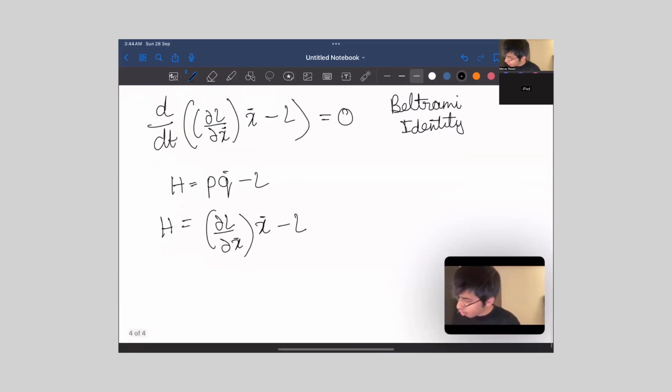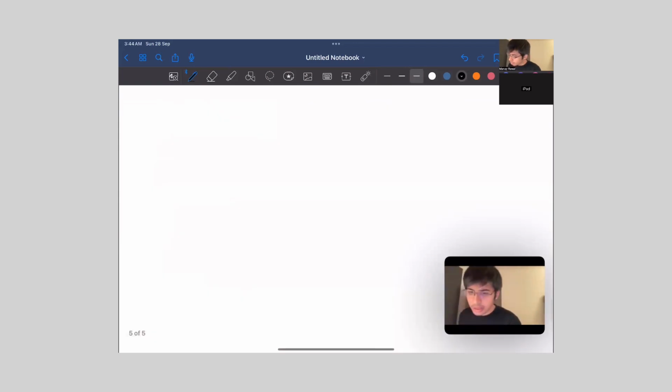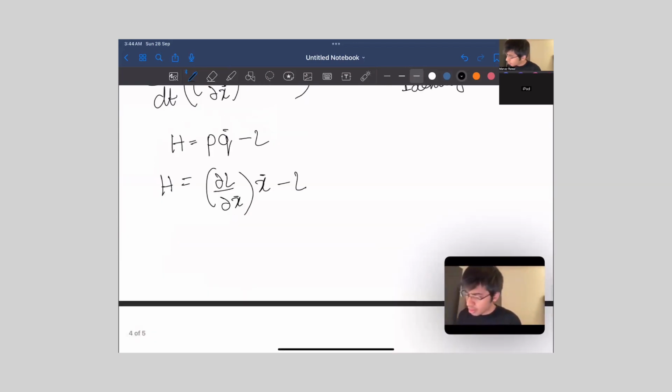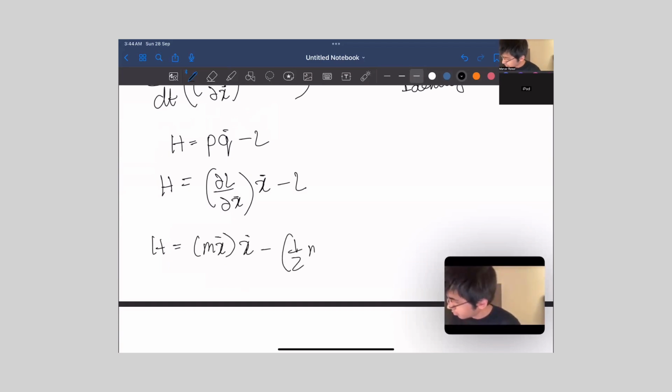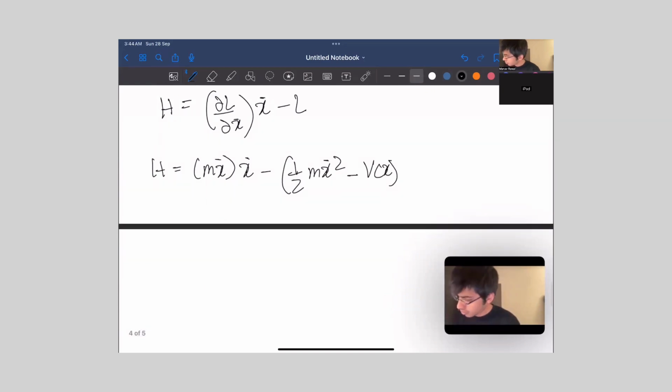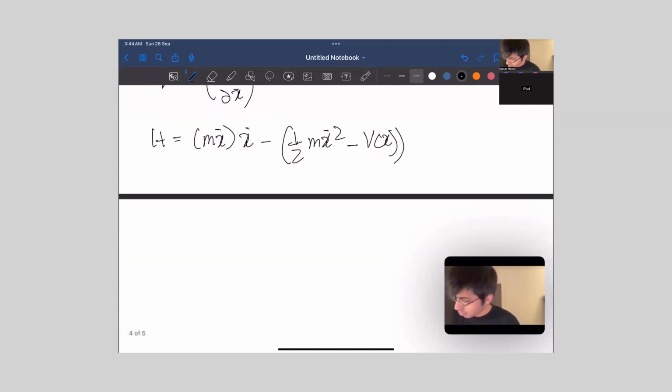Now obviously, if I were to derive it completely, I would use the Legendre transformations, but we are just doing a brief overview. So yes, this is our Hamiltonian.